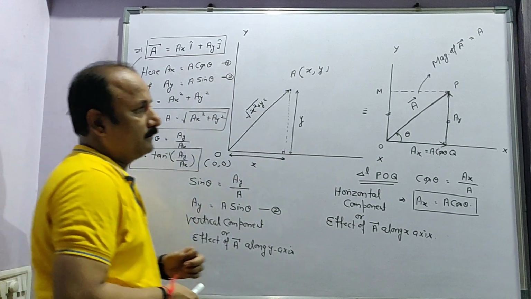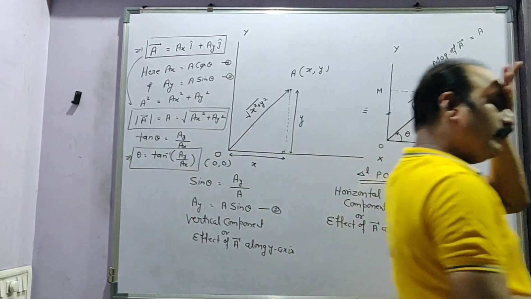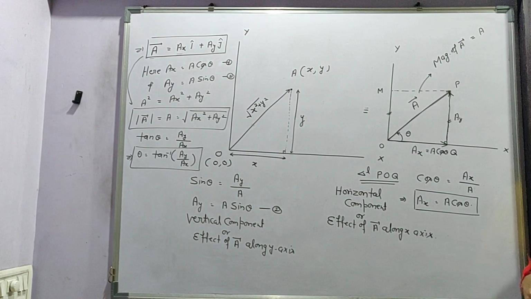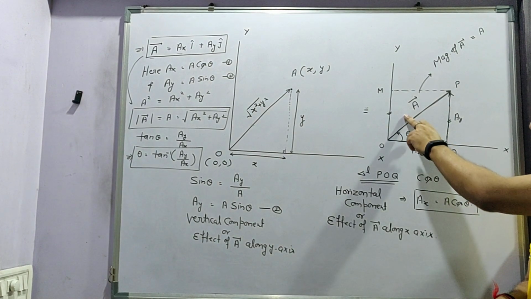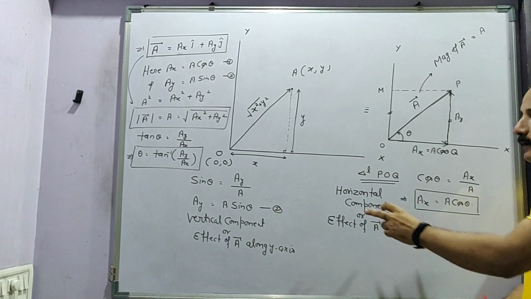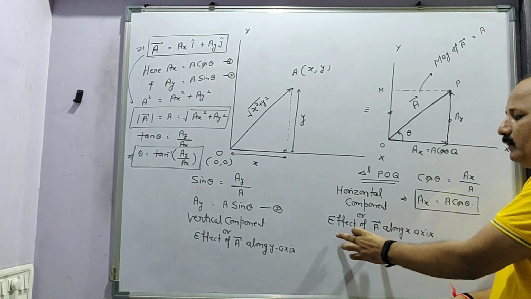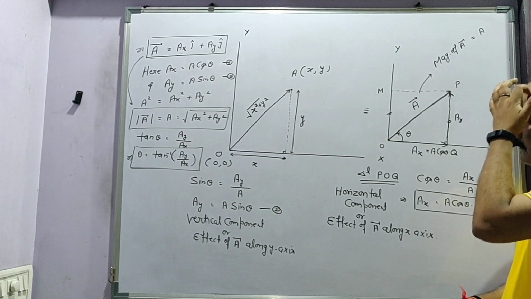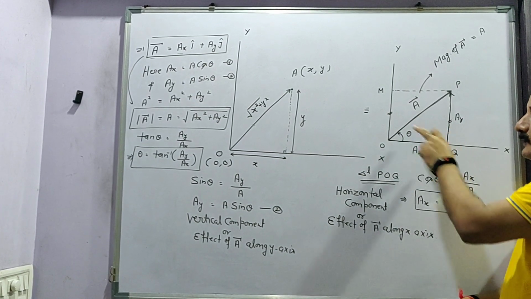Here Ay is the effect of vector A along y-axis and Ax is the effect of vector A along x-axis, which is our horizontal component. Means the vector is given in the xy plane.